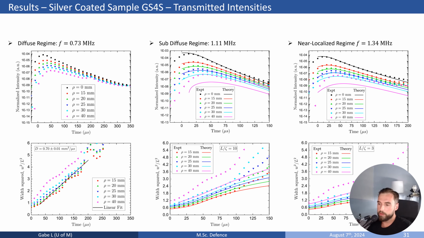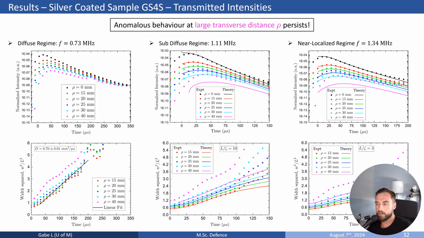But the most important thing to note is that in the magenta color at the largest rho, these deviations are still there. They're persistent, and they don't seem to decrease. This anomalous extra signal is still there, even though we coated the entire sample with a conductive material.